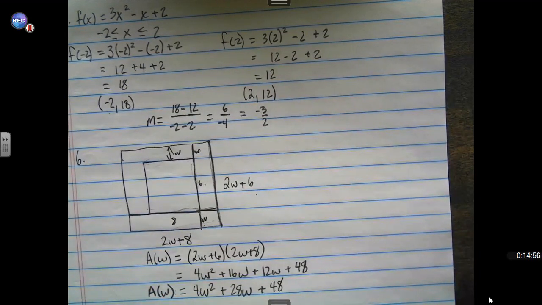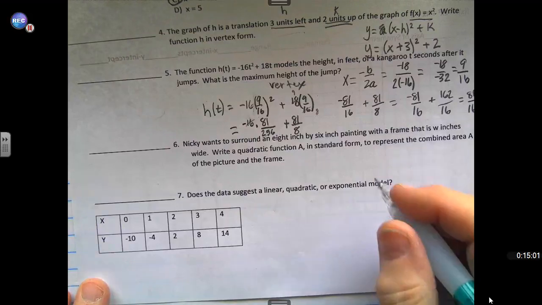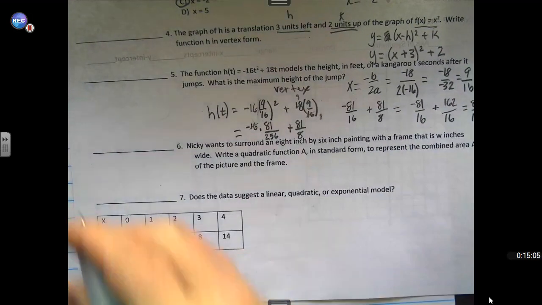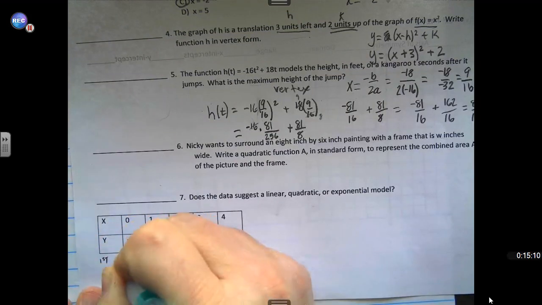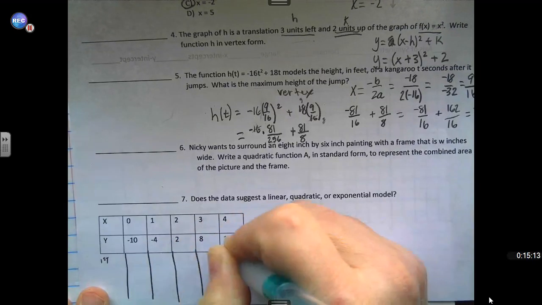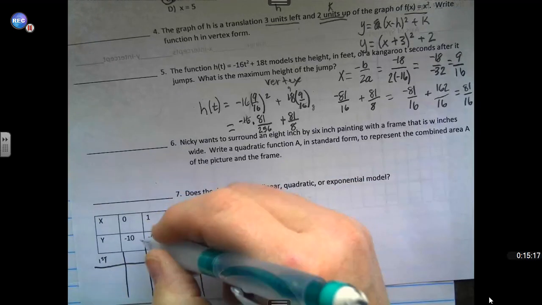7, I'm actually going to go back to our sheet here. Does the data suggest linear, quadratic, or exponential? And so for linear, we look at the first difference. And so I'm just going to extend my chart here. And my first difference, I'm looking at the y values.